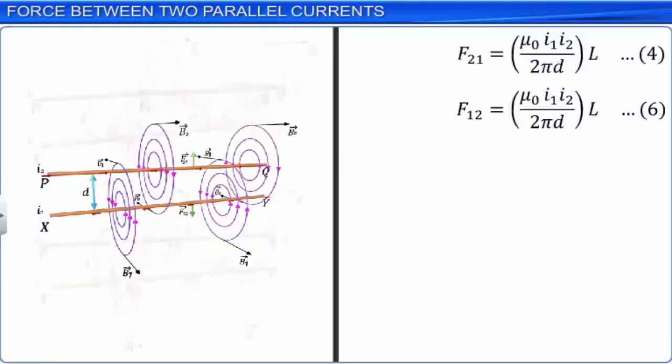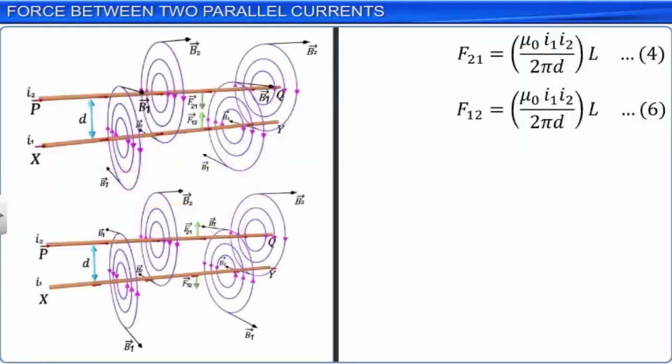Thus, the magnitude of the force F between two parallel conductors of infinite length, L, separated by distance d, carrying currents I1 and I2 respectively, is F = μ0 I1 I2 L / 2πd. Let this be equation 7.